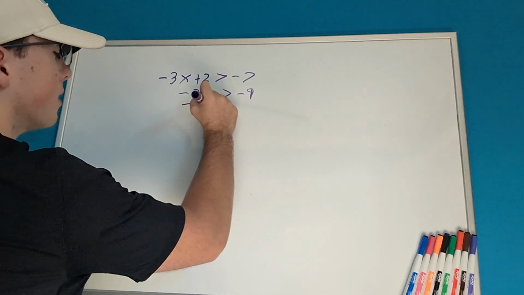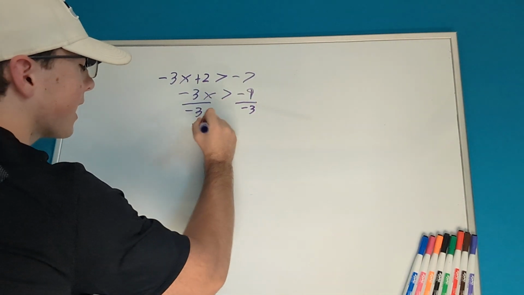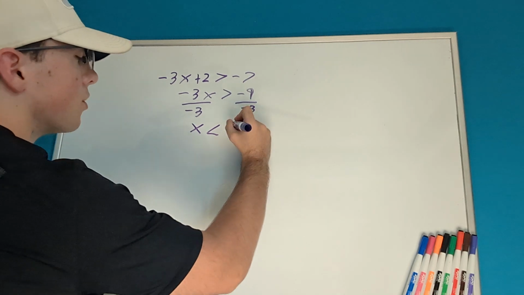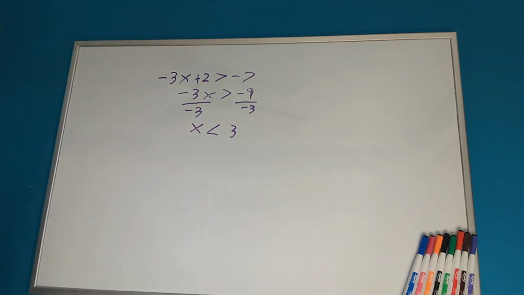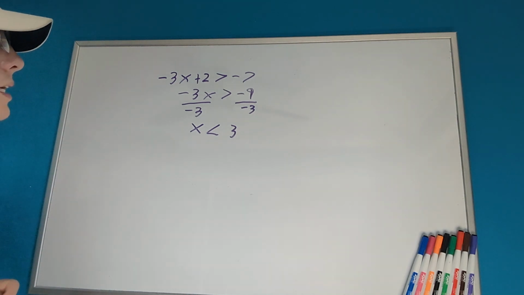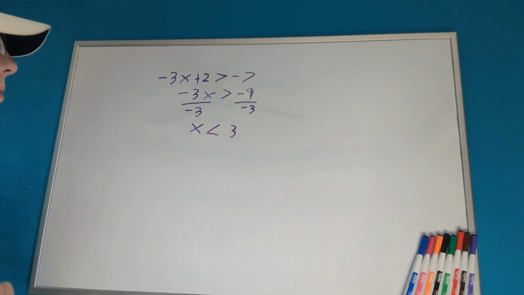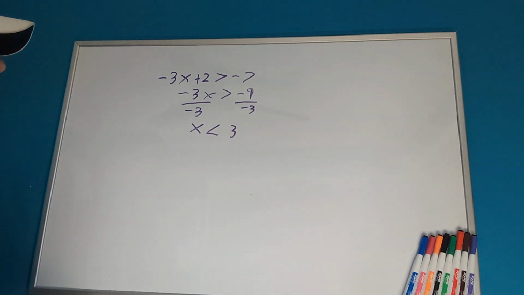Meaning, we divide by negative 3, and we get x is less than 3. Okay? It has to flip around. If it doesn't flip around and we get x is greater than 3, it's not going to be a true statement. It has to be x is less than 3.